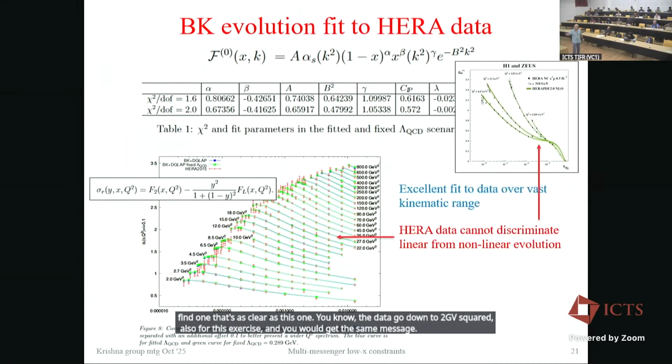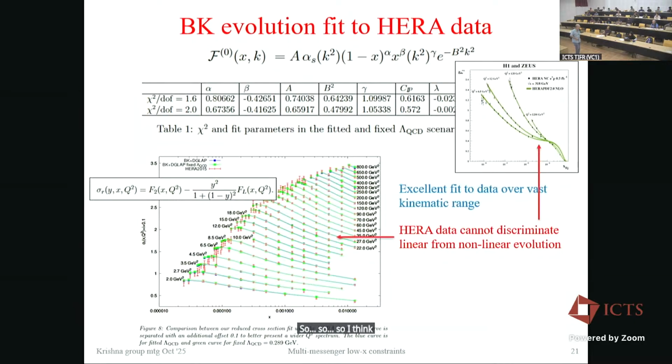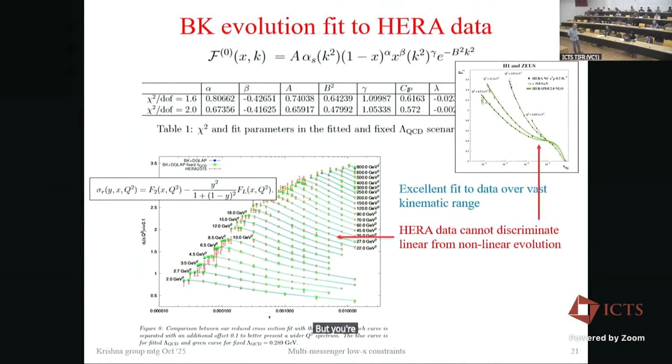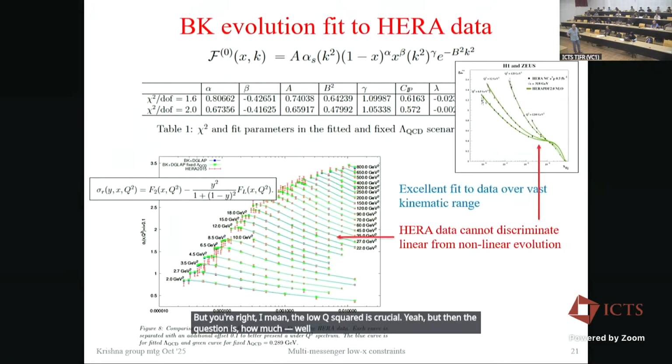This is only showing a subset of all data; this is the entirety of the data. So I think this statement holds. It's not that the data selections are different. But you're right, the low Q squared is crucial. Yeah, but then the question is how much? Well, this nonlinear, right? So good, I think I get your point. We would have to look at the 2 GeV squared here and see how well it does.